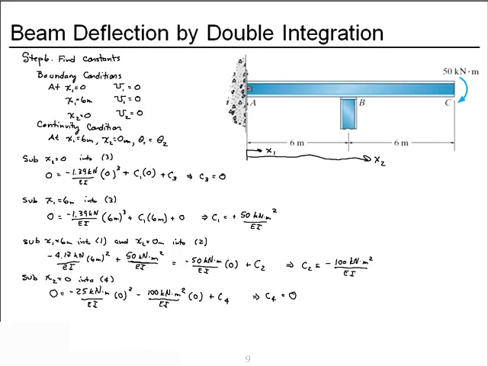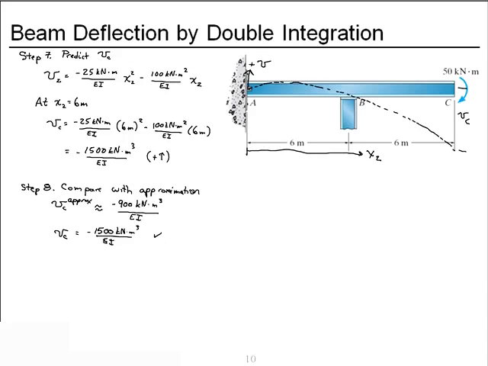Once we did, we had an equation for vertical deflection in the range of x2 that we could use to predict the deflection at point C. And then when we compare it with our approximation, we find that our predicted value using double integration is larger than our approximation, but not double. And so we're at the same order of magnitude, and we meet the criterion that VC has to be bigger than the approximation. So we think we have a reasonable result. Well done.